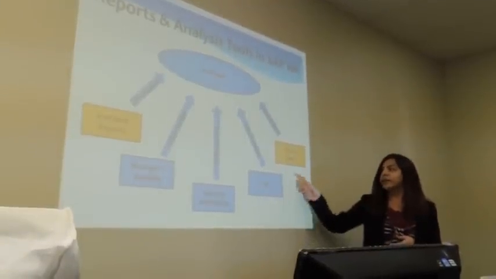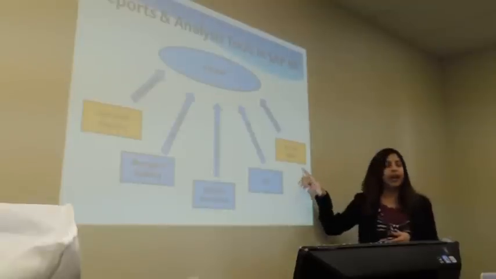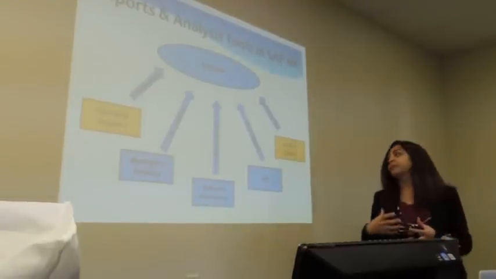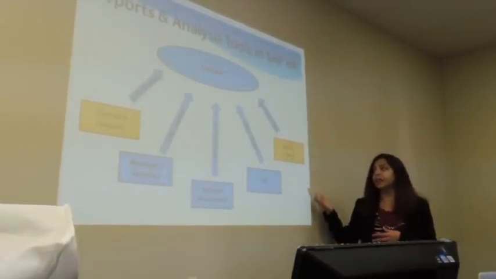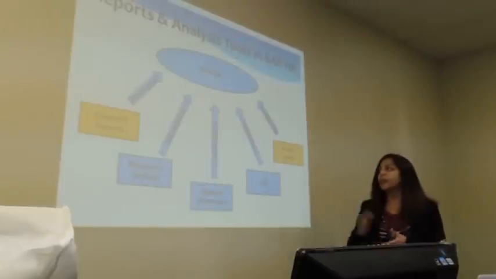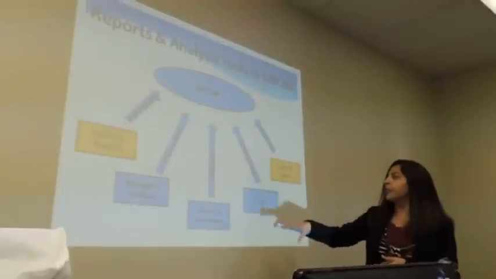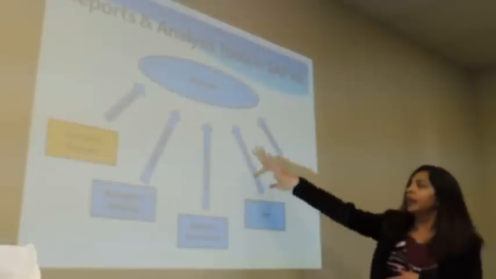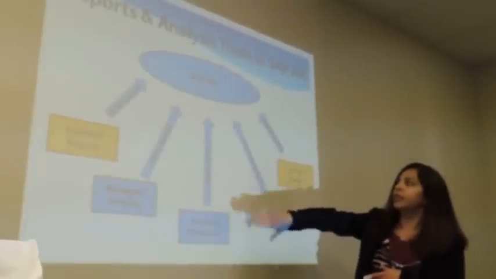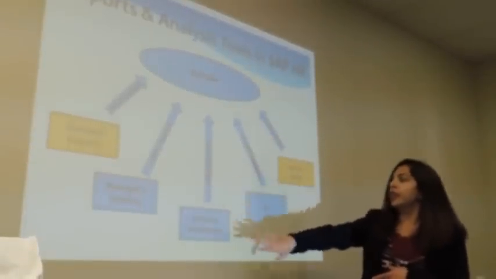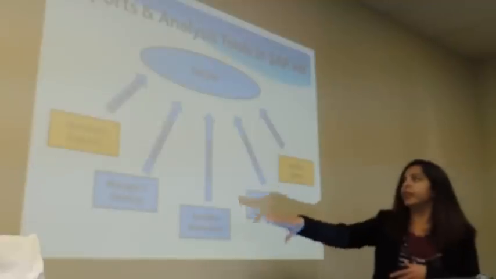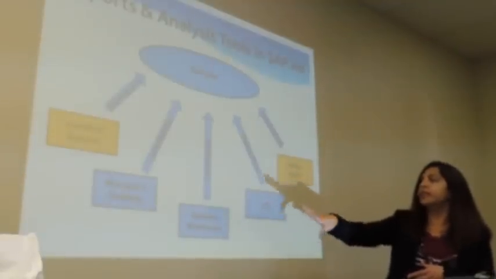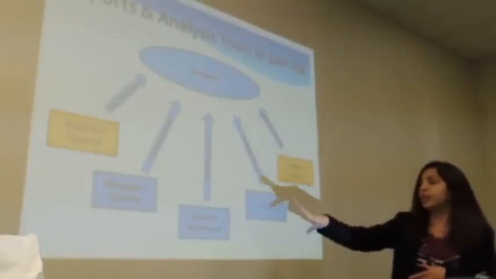And then we have the Ad-Hoc Query, which is used to create customized reports. Furthermore, this diagram shows that information is taken to the end user from these different business tools, and analysis is done within them.